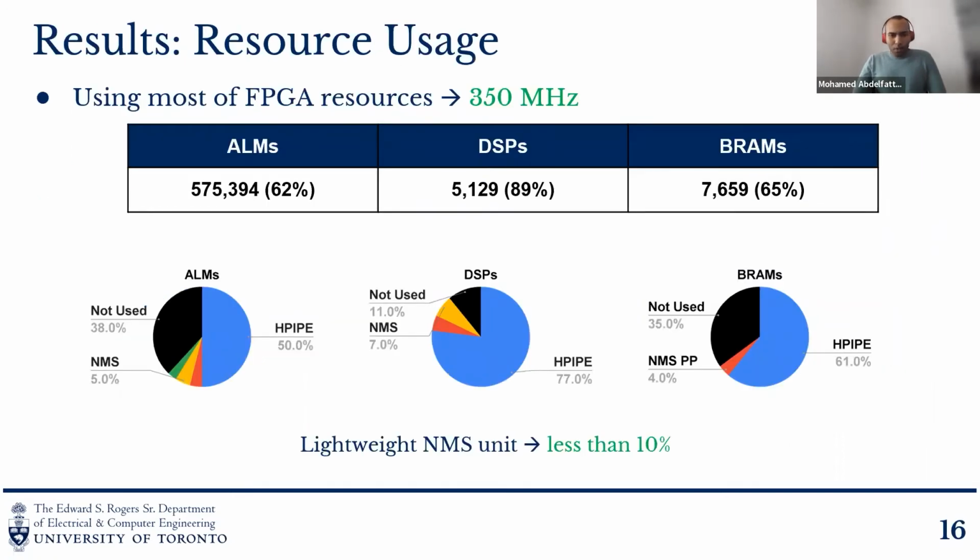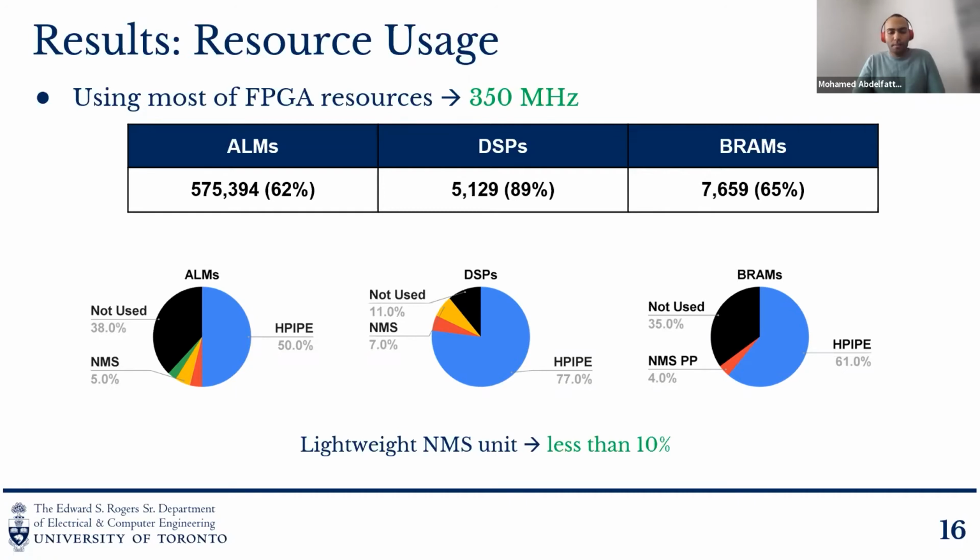To test that, we compiled a network called SSD MobileNet V1, which is one of the MLPerf benchmarks, and we ran it on an Intel Stratix 10 GX 2800 device.